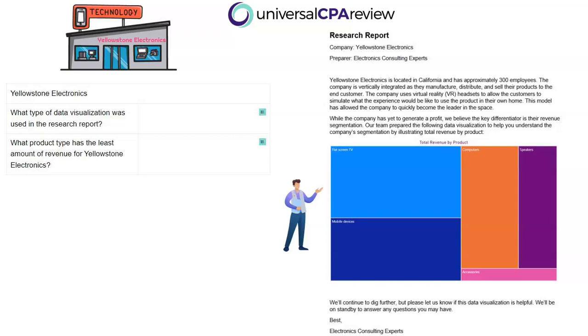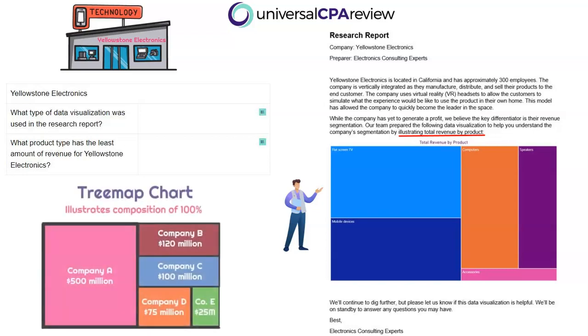And the research report tells us that it's illustrating revenue by product. Now, what kind of chart is this, or data visualization chart is this? This is going to be a tree map chart. Now, here's really quickly the tree map visual from the lecture and study guide, right? These two look very similar. So a tree map chart is the first answer to the question for Yellowstone Electronics.